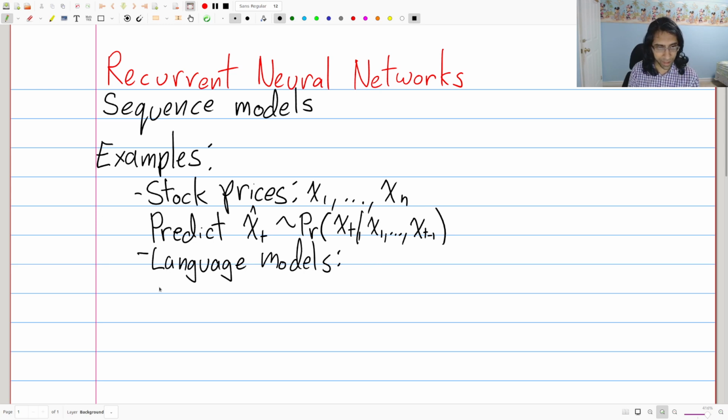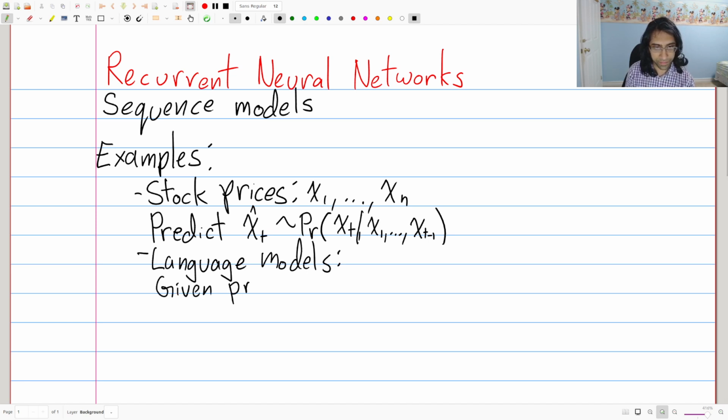Many of the recurrent networks or sequence models you'll see operate on language and try to do language modeling and all sorts of different tasks, generative language or prediction on language and stuff like that. But there's one basic underlying question whenever you're doing a language task. One of the most fundamental questions is the following.